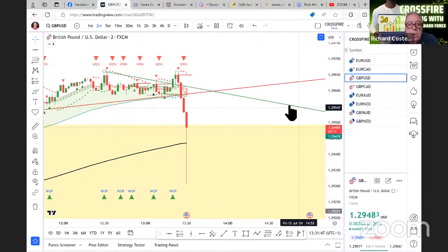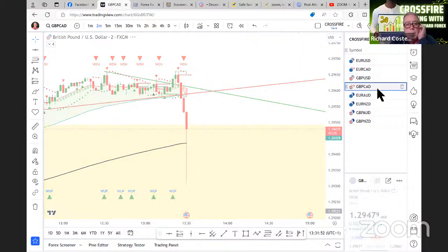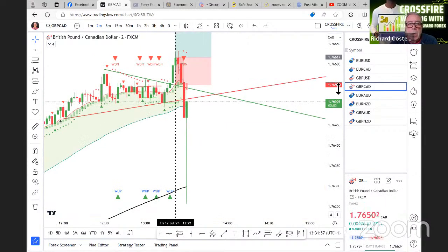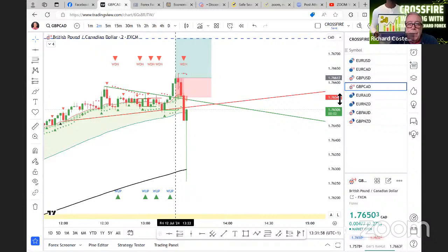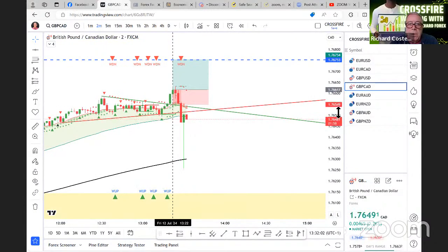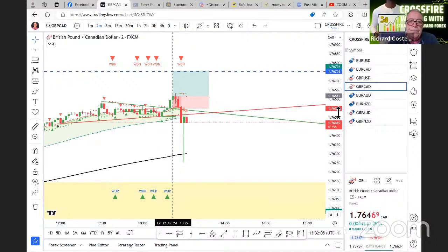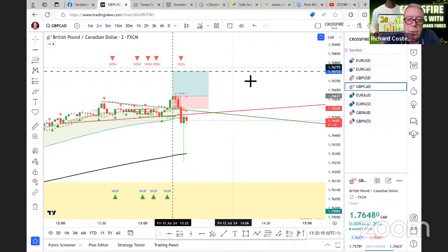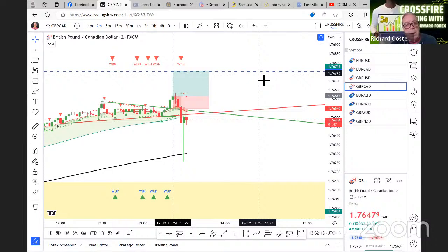They're all pretty much the same, aren't they? Well, I did mark that up, but I did say I wasn't going to get in that one. We were too close to the news, and there were no obvious reasons why price would go up there.